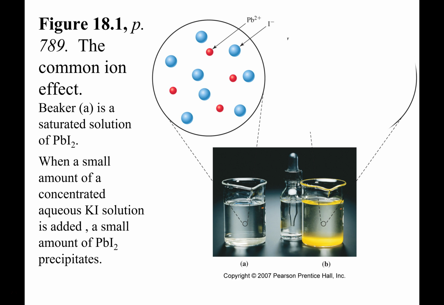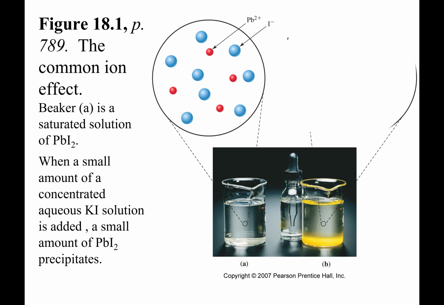So for instance, here we have a clear beaker that has lead 2 cations and iodide anions minding their own business. Or I shouldn't say it's a soluble salt if you combine those 2. I should say it's potentially insoluble. Probably a better way to say this: we have a tipping point. If we add too much, and we are going to add more I minuses, in that dropper bottle is KI, and here is Pb plus 2 and I minus.